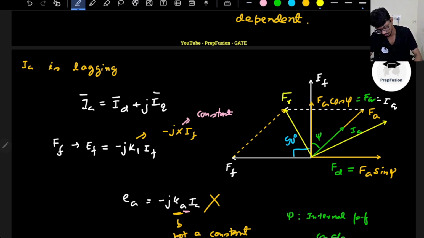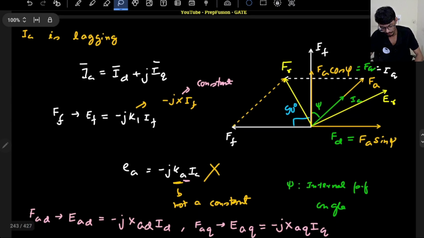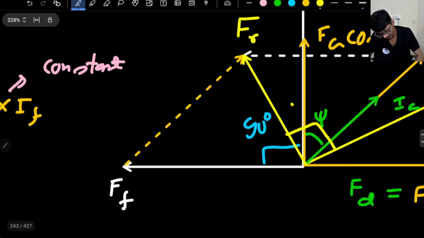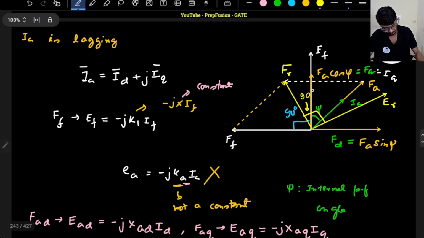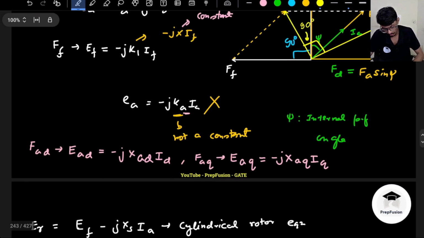This will be my resultant EMF. So this angle will be 90-degree lagging. Okay, so the same kind of equation I want to write, but I cannot write it in equation.